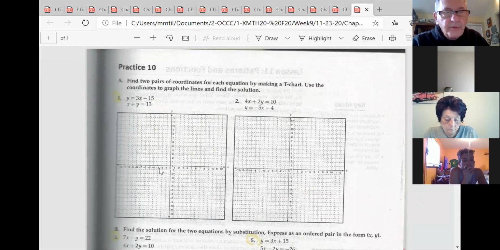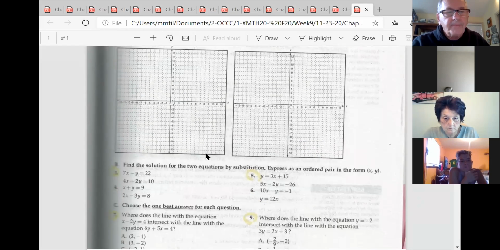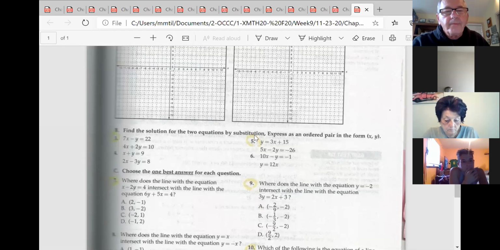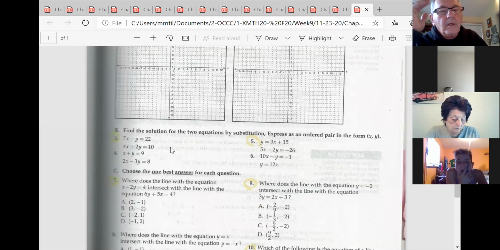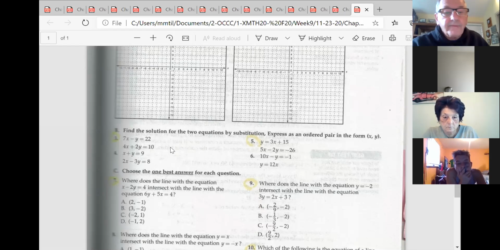To get like 3 points so you can draw your straight line, and then draw both straight lines, and see where they cross, okay? Now, in these, you're finding a solution for two equations by substitution. This is where you put one value in for the other value.